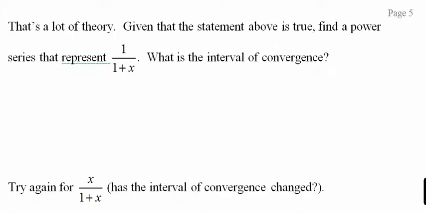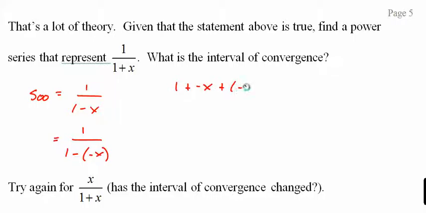Let's start working here. The infinite sum formula had 1 over 1 minus X. So what series represents that? Well, you should look at that and eventually say, well, that means 1 over 1 minus negative X. So the series is 1 plus negative X plus negative X squared plus negative X to the third, dot, dot, dot.